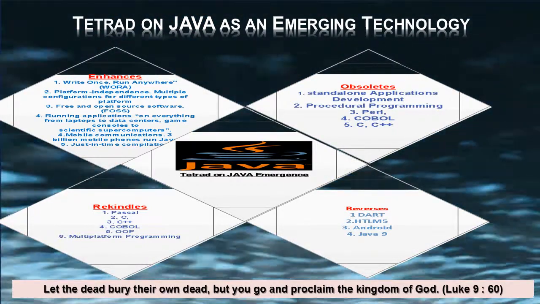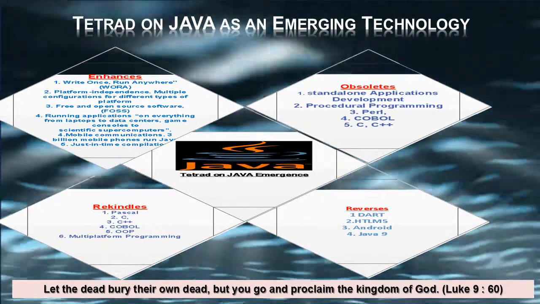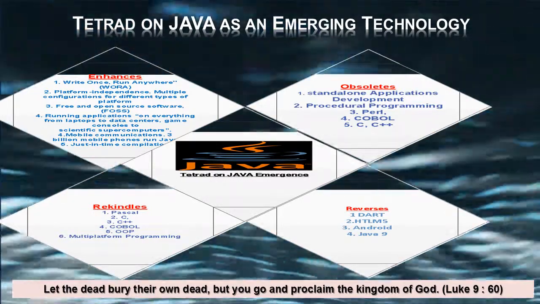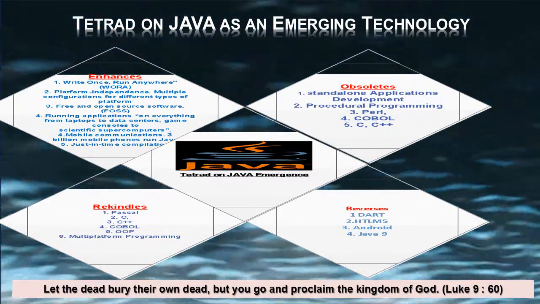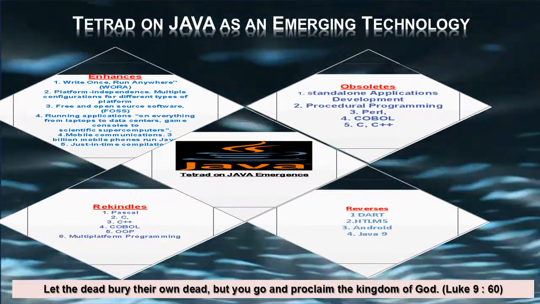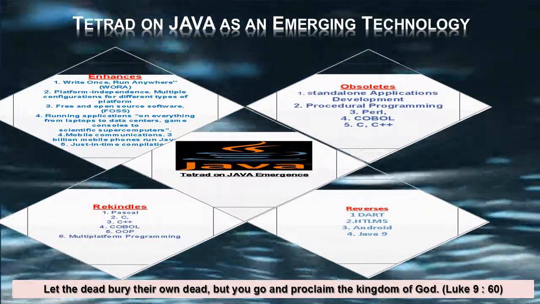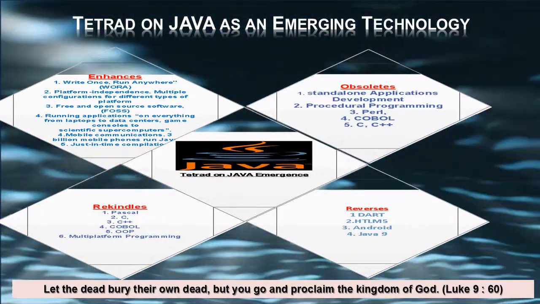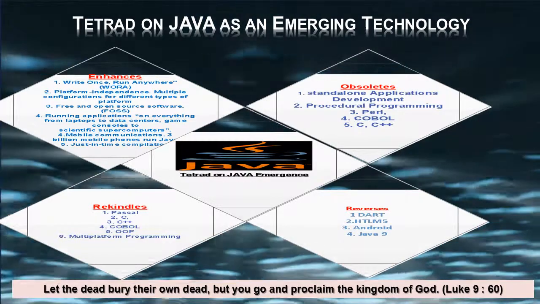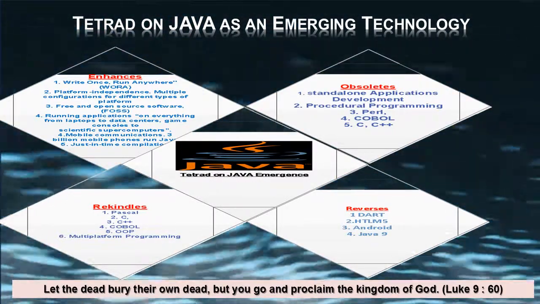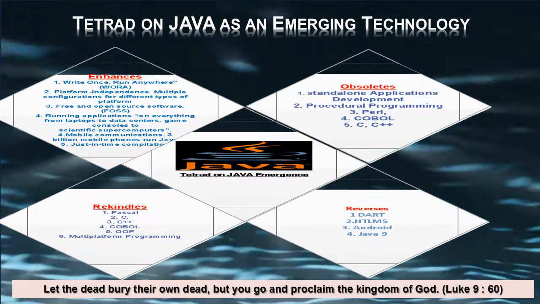Five, mobile communications. There are 3 billion mobile phones running Java. Six, just-in-time compilation. Now, this is it for what Java as an emerging technology has enhanced.